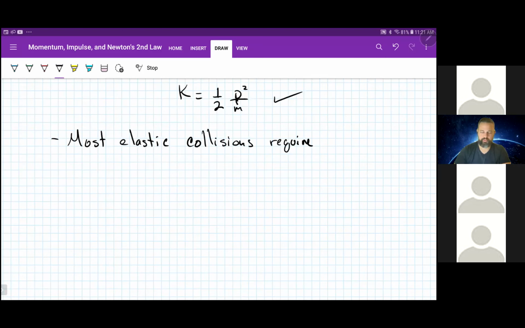Most elastic collision problems will require two equations to solve for two unknowns.